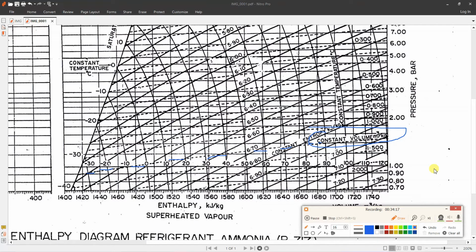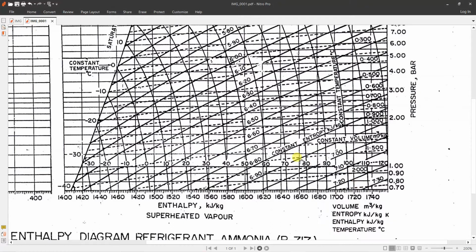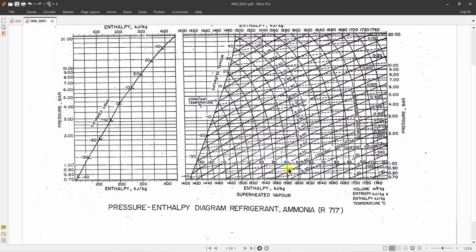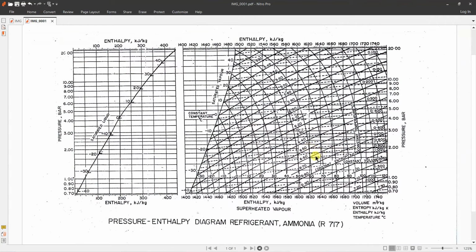So always when you are going through the different charts, please read the chart carefully. What are the different units, whether the vapor dome is complete or not, whether dryness fraction lines are there or not. Now when we are solving numericals, we will be using this pH chart where we don't have dryness fraction curves in the vapor zone.